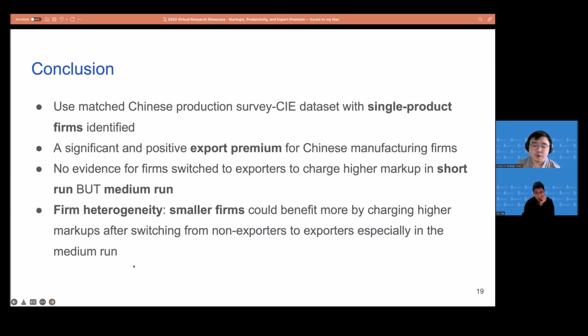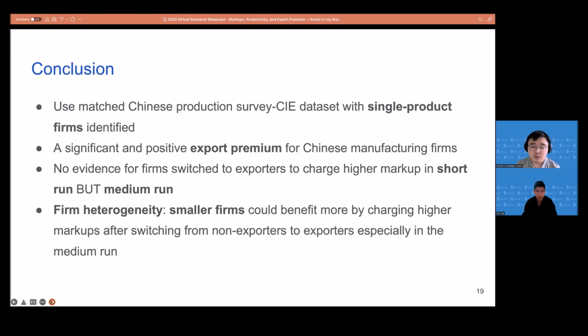So to conclude, we first identify the single product firms from our production survey dataset by taking the hidden products into consideration. And we explain why this is important, because the single product firms are the dominant group in our sample, and we follow the DLGKP method to estimate the physical productivity, which can prevent the input and output price bias.